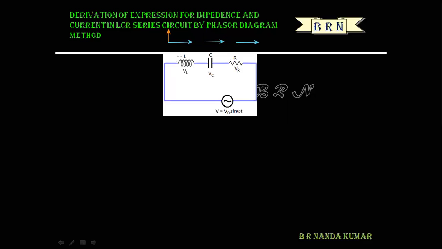So in a purely inductive circuit, what is the current flowing through the inductor? I is equal to I naught sine of omega t minus pi by 2. That means the current lags behind the voltage, or the voltage leads the current. Is it not?